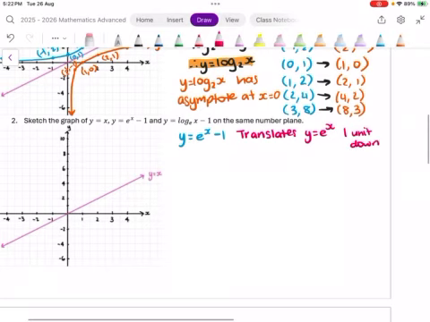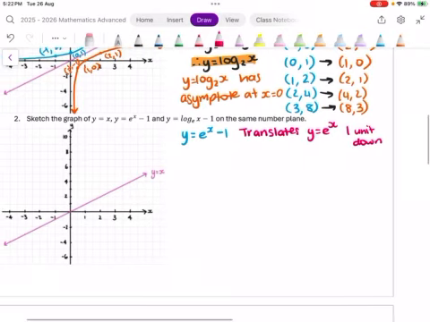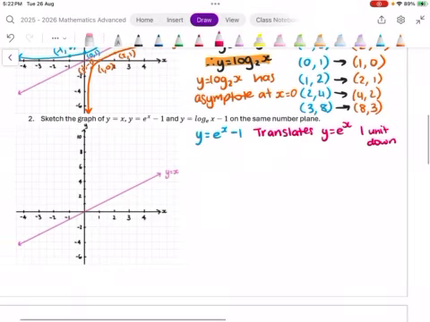Okay, in order to sketch this, I'm just going to put some values into my calculator. My first value is 0. If I put in my calculator, shift e to the power of 0 minus 1, I get that my x-intercept is my y-intercept, which is at 0.